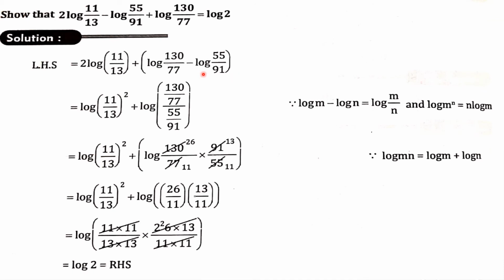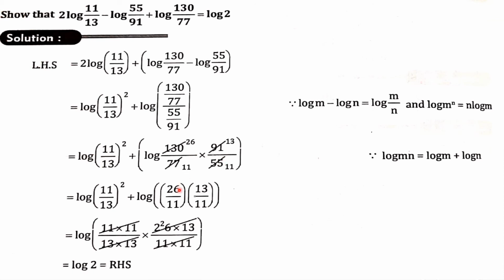Next step it will be log. Whenever you have minus, you will divide 130 by 77, the whole divided by 55 by 91. Once again plus log. Now you are supposed to eliminate the values. 130 by 77 into, the denominator value will be written in the numerator, that is 91 divided by 55.